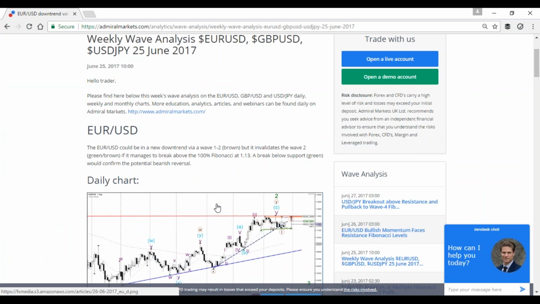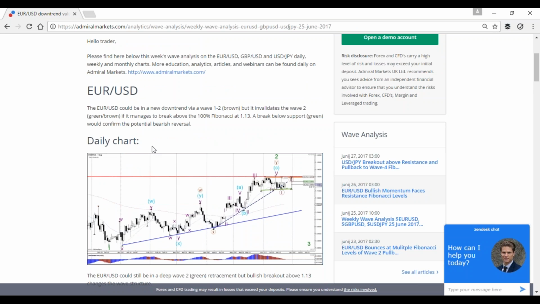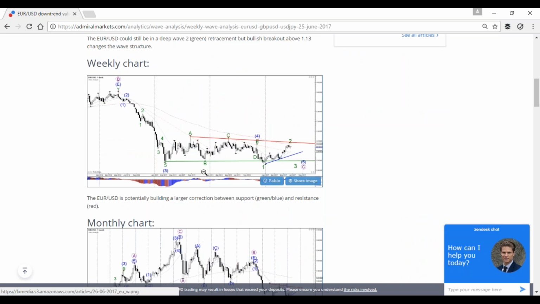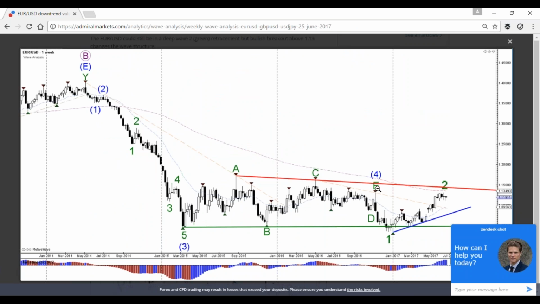So let's take a look at this weekly chart very quickly. As you can see, I have the wave ending here. So that's definitely invalidated. What could still be valid is that wave D is here and E here.